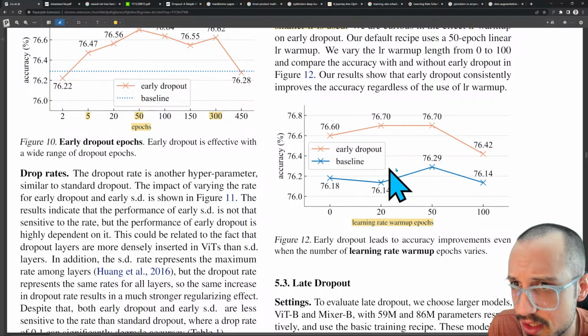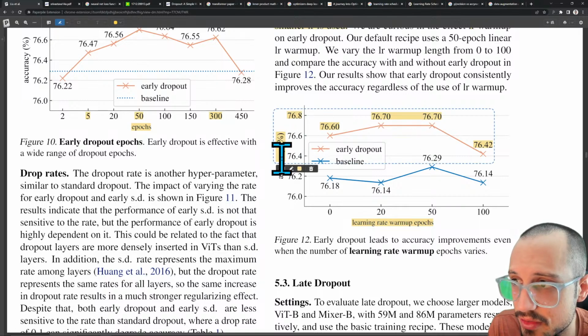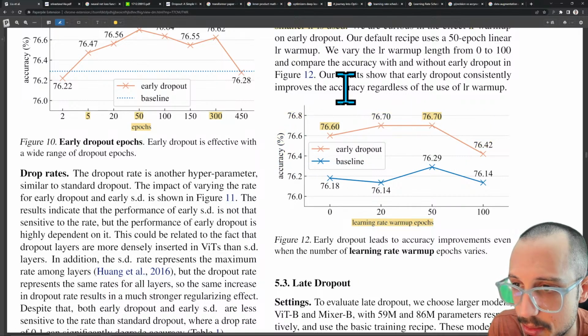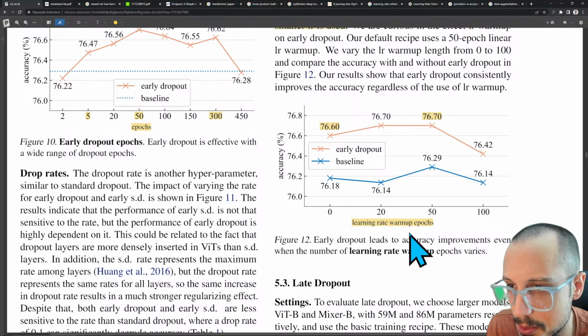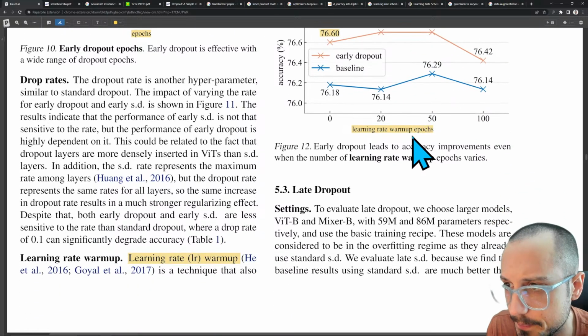And you can see that there is some kind of relationship here, right? It's not huge, the difference between this 76, 76, and 70, these are close together, but they're different. So there is some kind of interaction happening between the learning rate warm-up and the early dropout, and finding an optimal value for both of those is going to be very tricky.